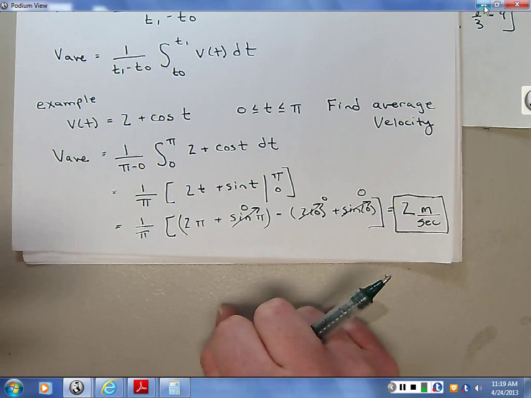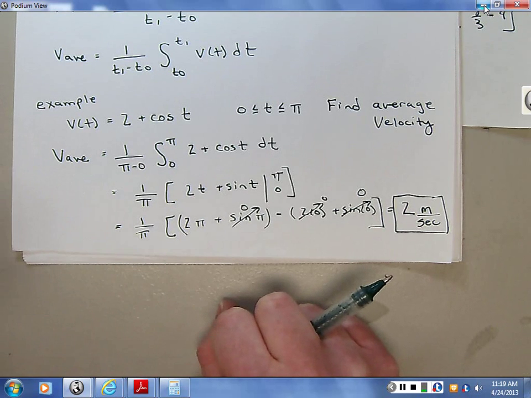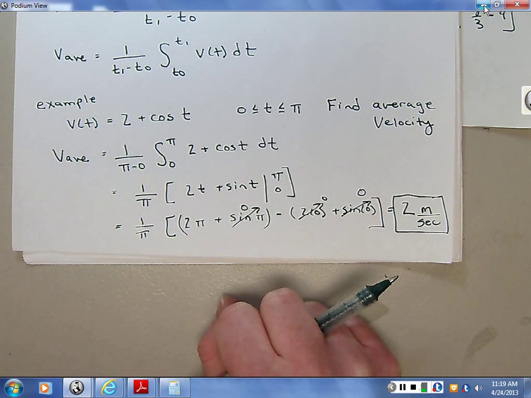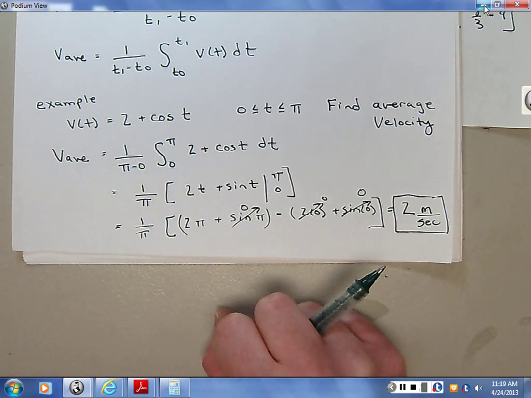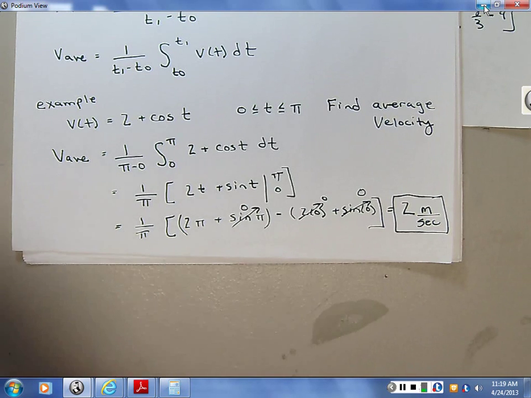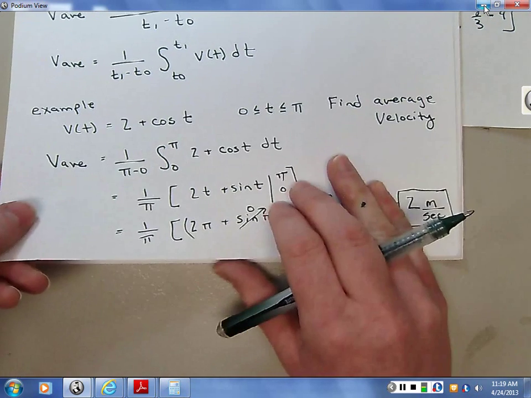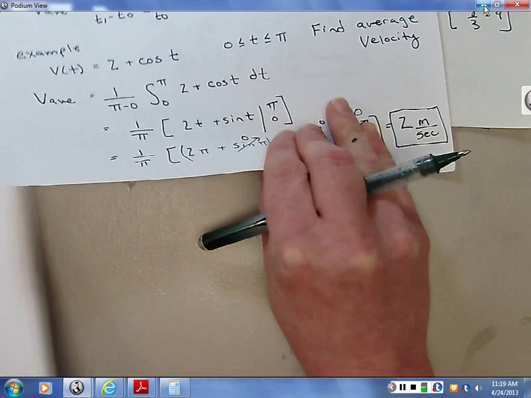They introduced this idea of the average value of the velocity function. What's the average velocity? The average acceleration, the average income, the average revenue. Whatever function you have, you can find the average value of that function by integrating that function and dividing by the length of the interval.